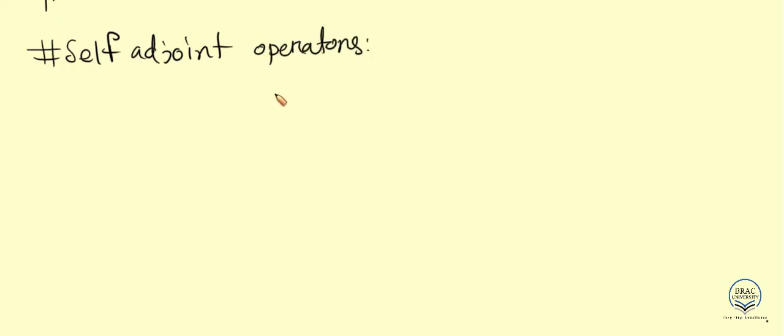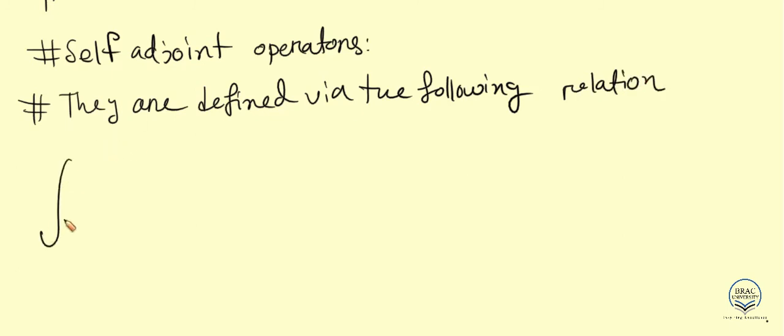So how are they defined? They're defined via the following relation. Let's say you have two functions and these are my test functions, and let's say they are defined over some interval a and b, where a is the lowest limit on the integration and b is the highest limit.